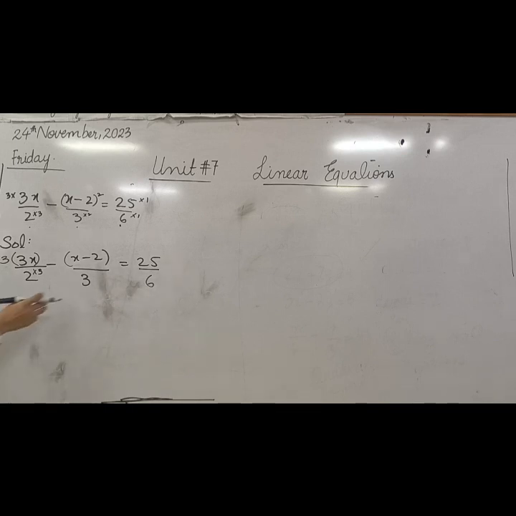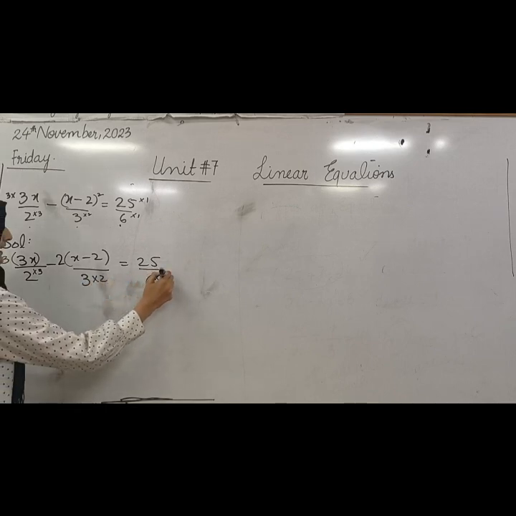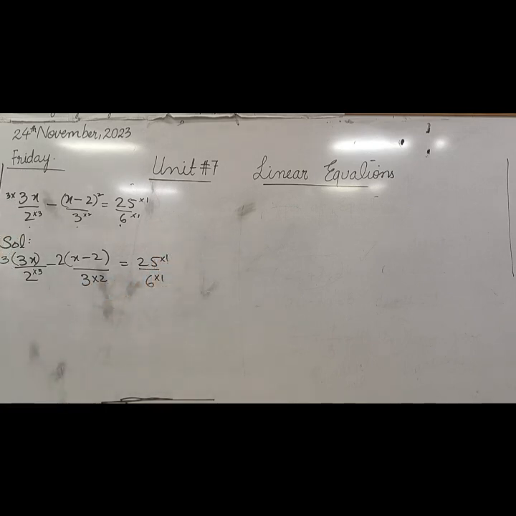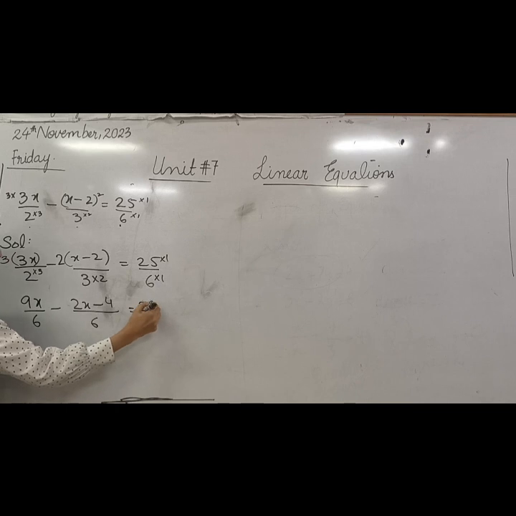This is 3, so we multiply it with 2 and the numerator will also be multiplied with 2. And this is 6, which will be multiplied with 1. Now multiplying, we get 9x over 6 minus 2 times (x minus 2) over 6 is equal to 25 over 6.